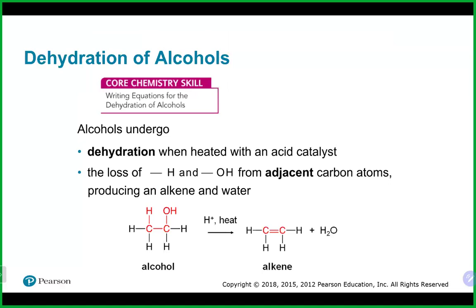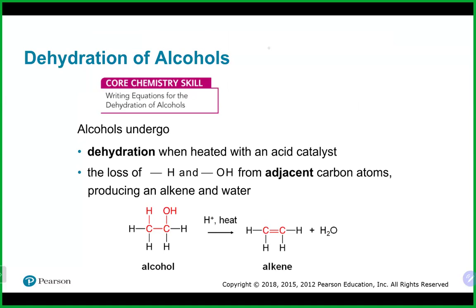All right, let's talk about some reactions that alcohols undergo. This is an elimination reaction. An elimination reaction is the opposite of an addition reaction. In an addition reaction, we throw stuff on; here, we basically take stuff off. So when we dehydrate an alcohol, we get back to how we made it.